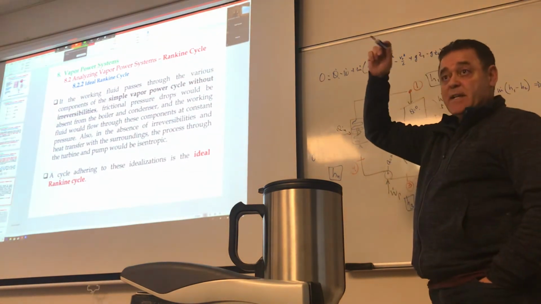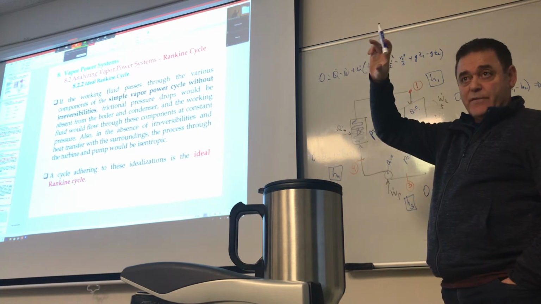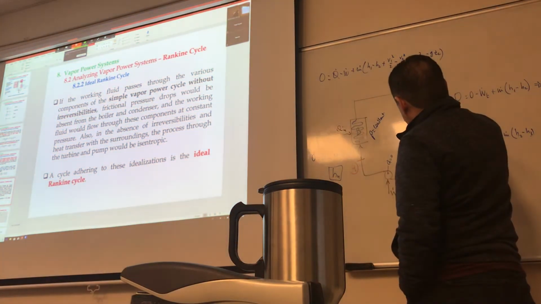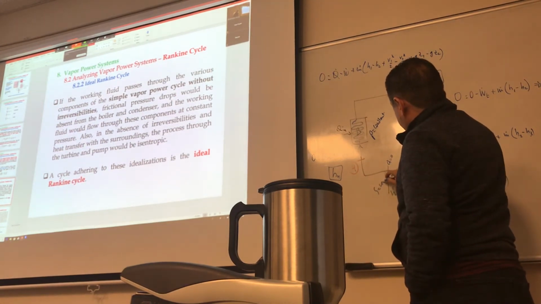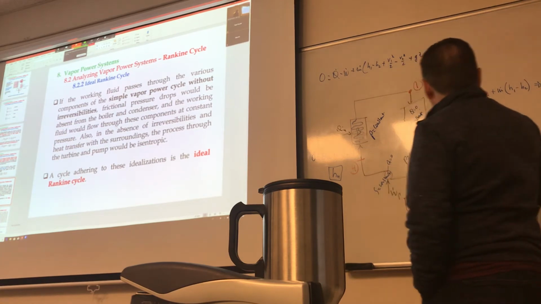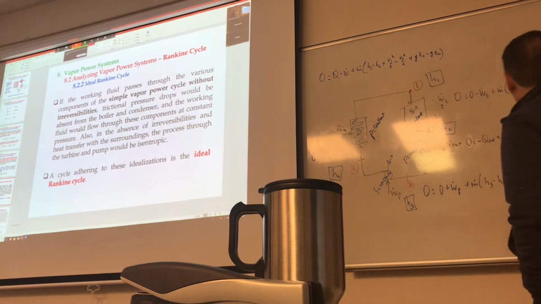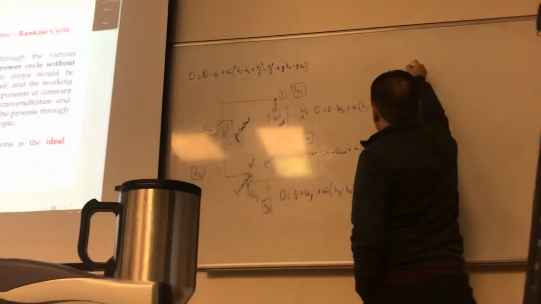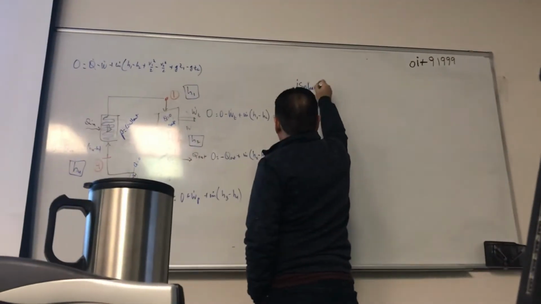Why? Remember, ds is equal to delta Q over T. So whenever there is no heat transfer and it's reversible, then S is constant, and here S is constant. So for an ideal cycle then, an ideal vapor power cycle is composed of what? So P equal constant is isobaric, right?